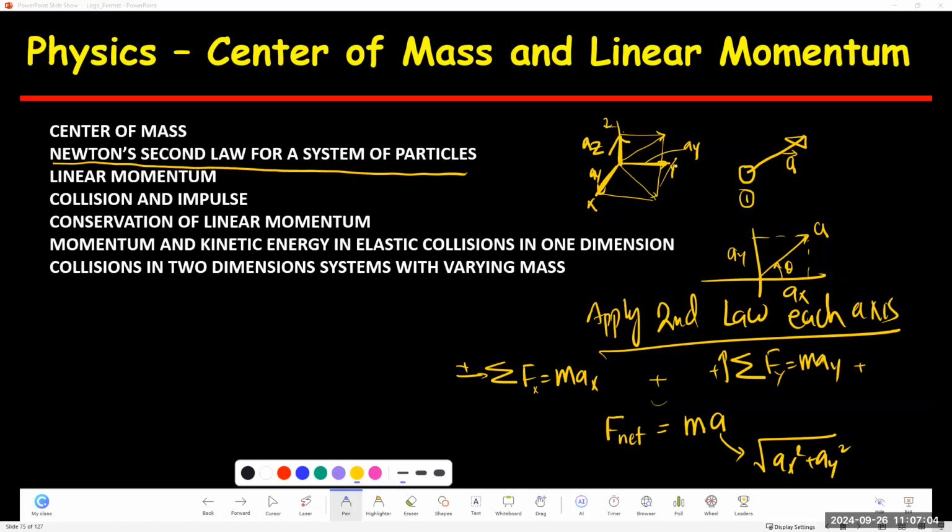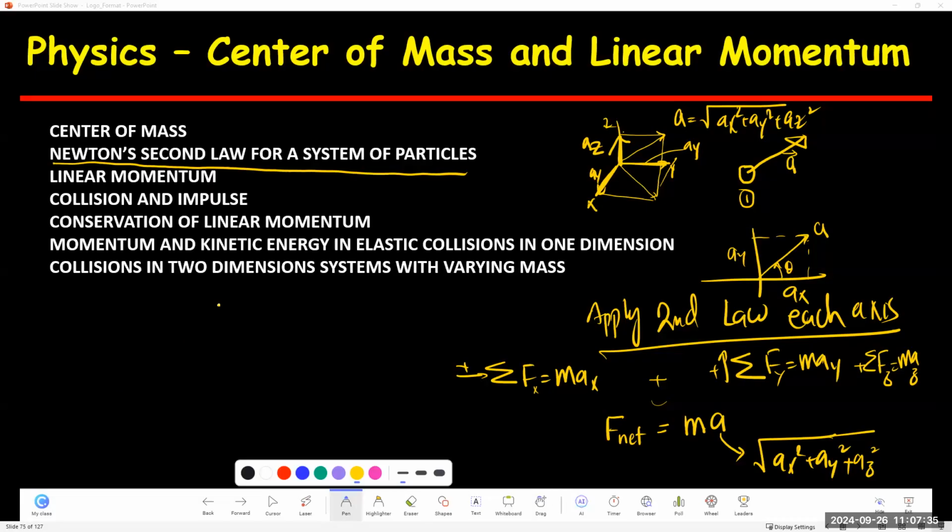In this case, my total acceleration will be equal to the square root of ax squared plus ay squared plus az squared, and I can write another form here, plus Fz equals m az, and I also need to add an az component here, right? You can write it like this.